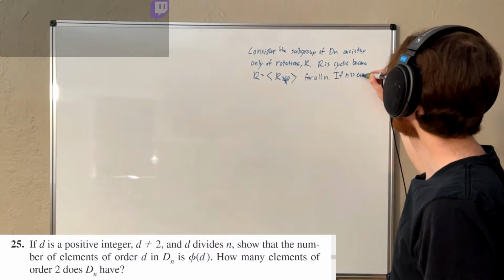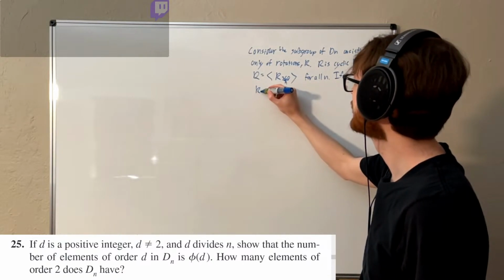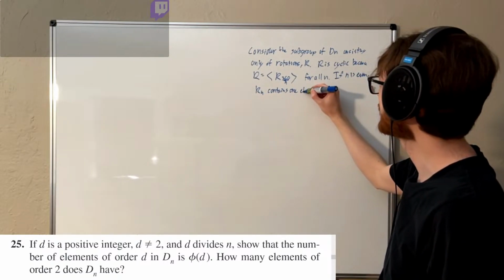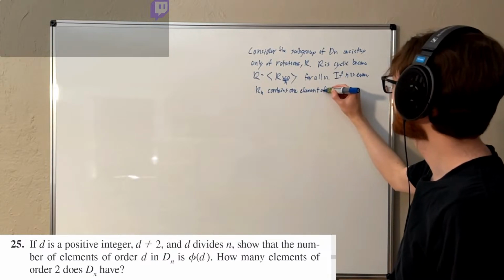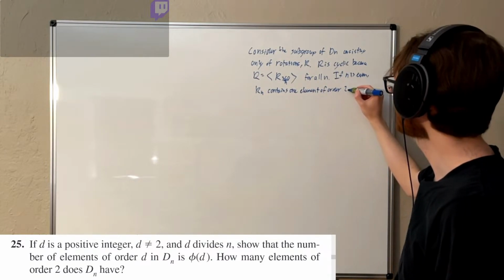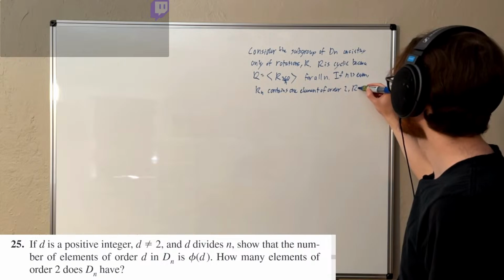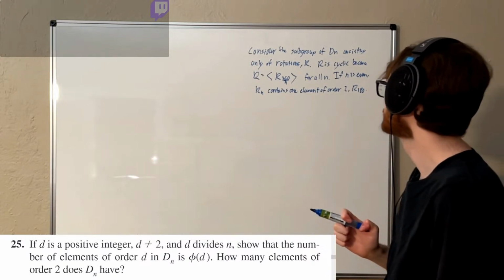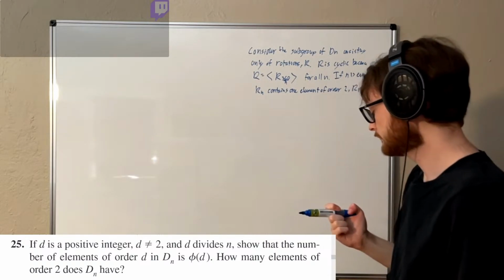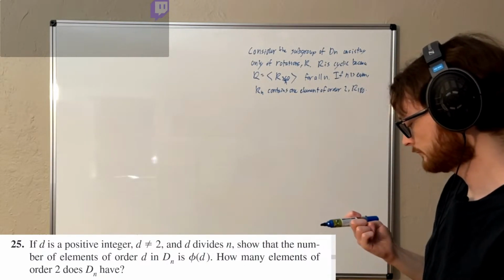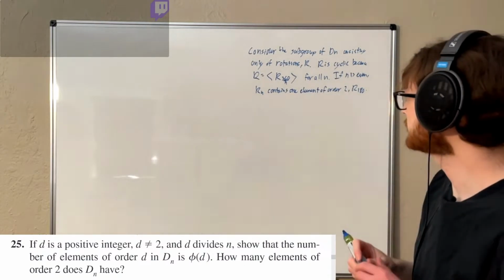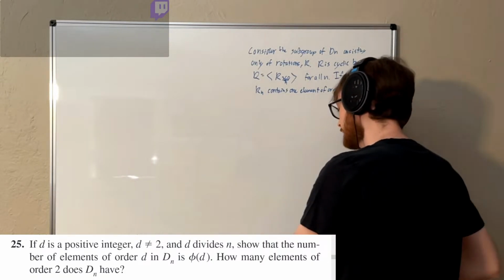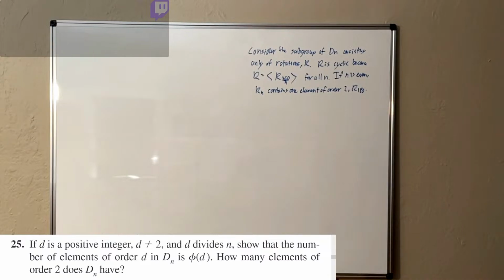If n is even, R sub n contains one element of order 2, R sub 180. Wait, that actually messes up the application. Is this not a cyclic subgroup, or why?